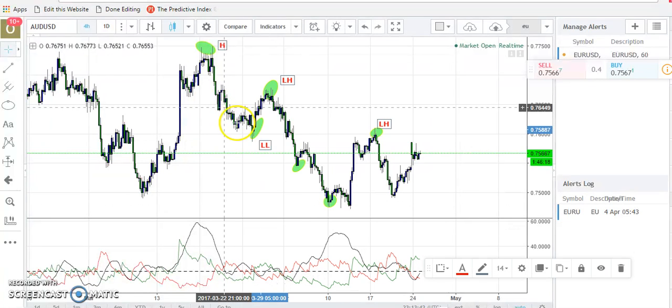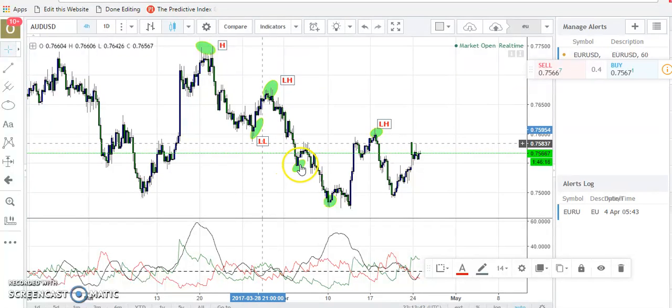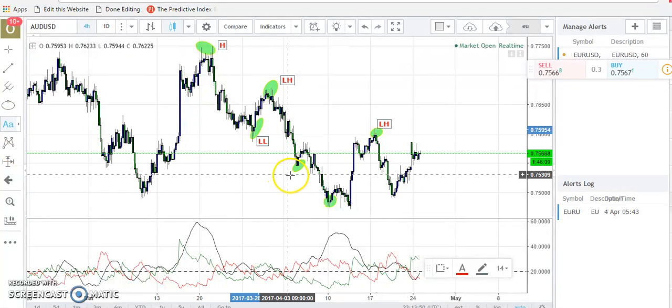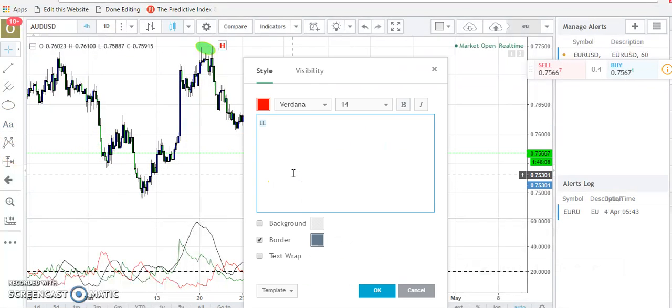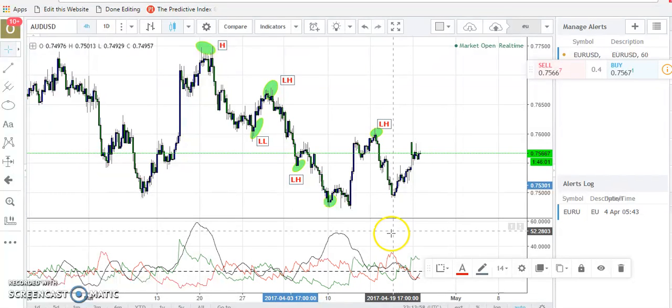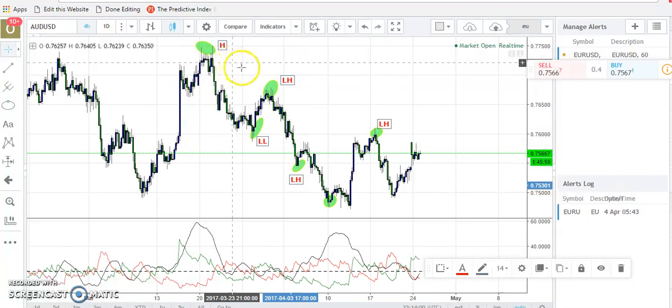Lower lows, which means this low is lower than that low, this low is lower than that low. So that's important to know before you start trading.